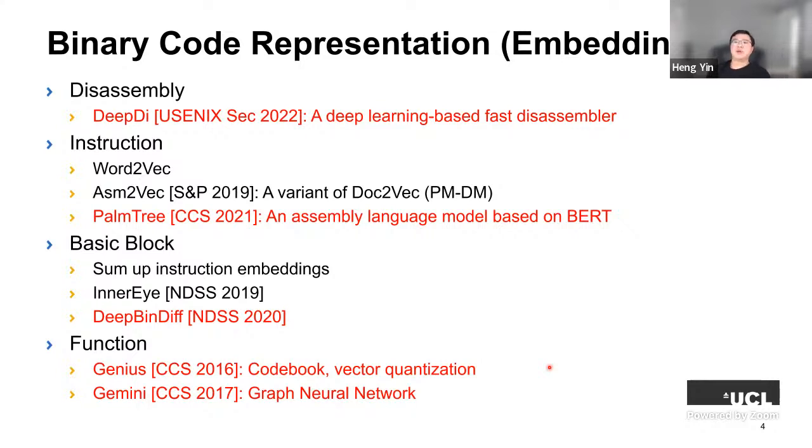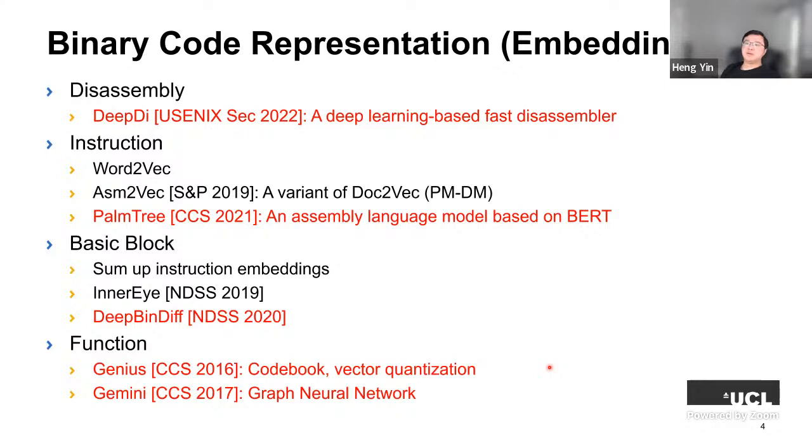So can we learn a representation of a basic block that takes into account the context of that basic block, which means the nearby basic blocks in the control flow graph? By doing so, we can essentially do binary code diffing at the basic block level.